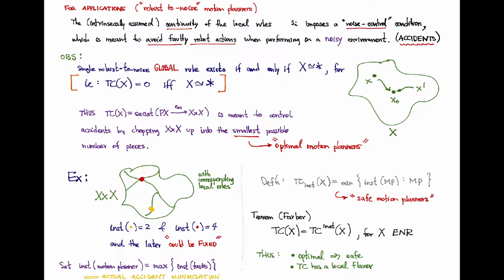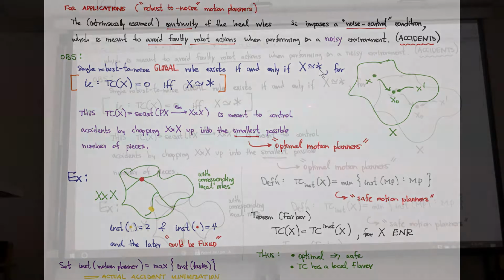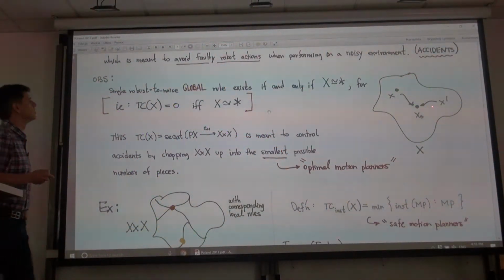Alright, now the bad news is that a motion planner with a single local rule can hold precisely and only when the space is contractible, only when X is contractible. Here it is very simple.